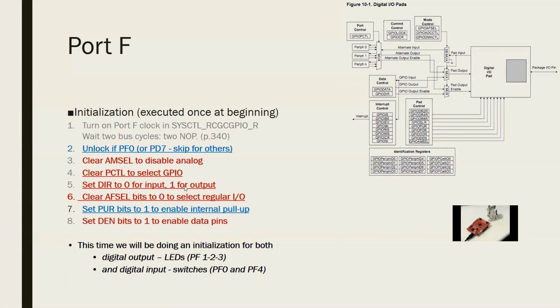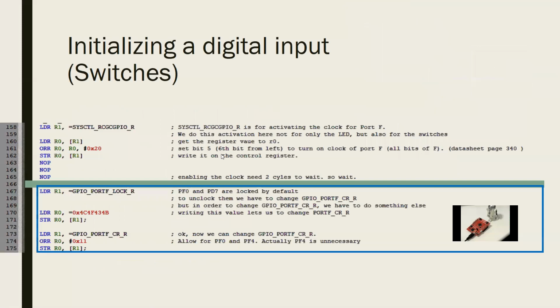The red ones are the modified ones, the blue ones are the added ones, and the gray one is the one that won't change, because remember, we have fed clock to the whole port F. It was not a pin-wise configuration. So these will be changing: blue ones added, red ones modified, and the gray one the same. Okay, let's see how it's done.